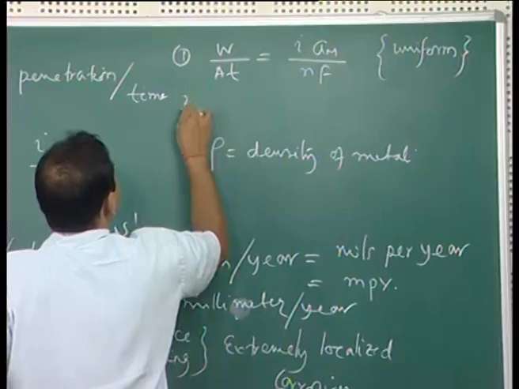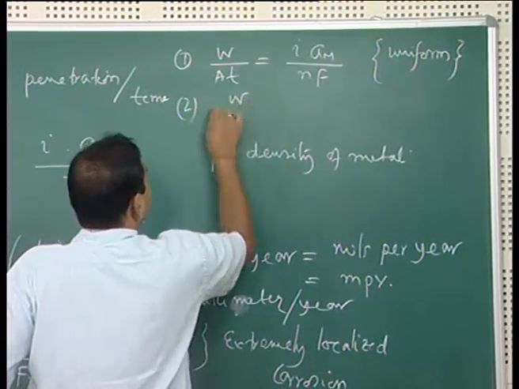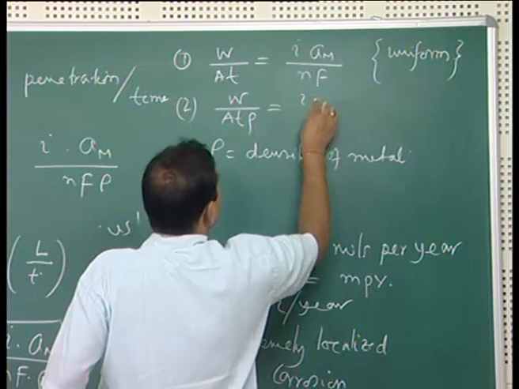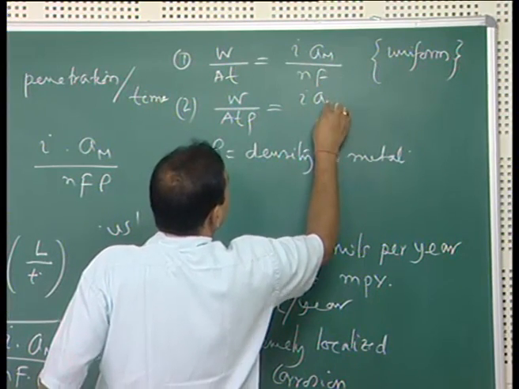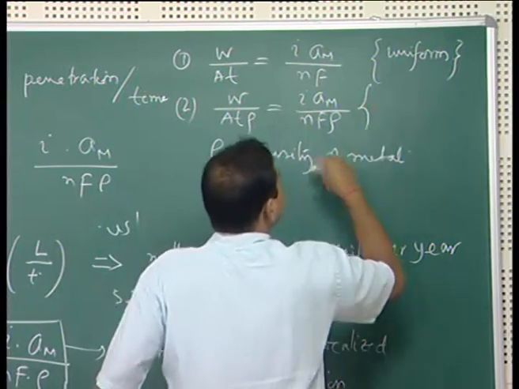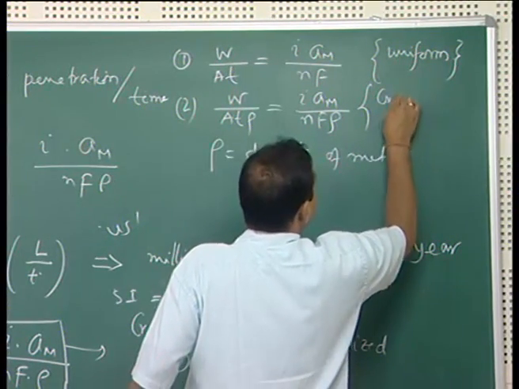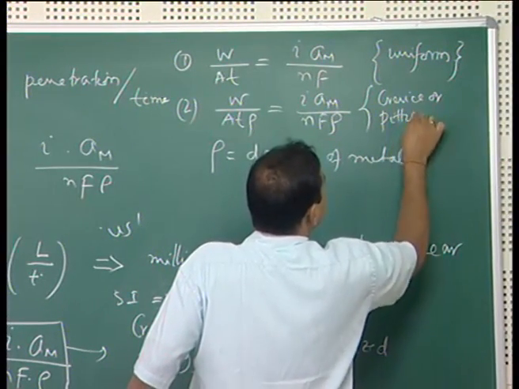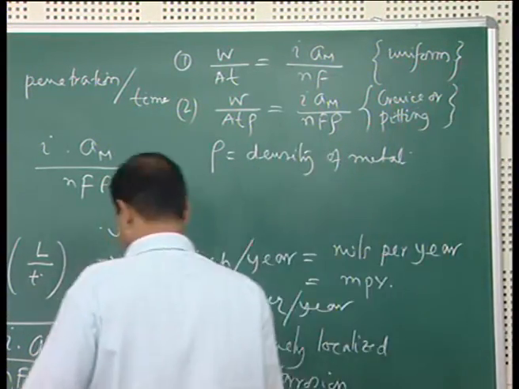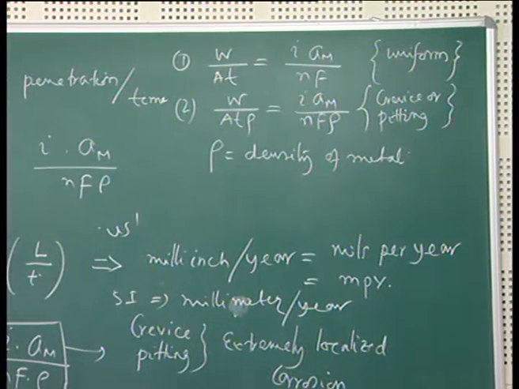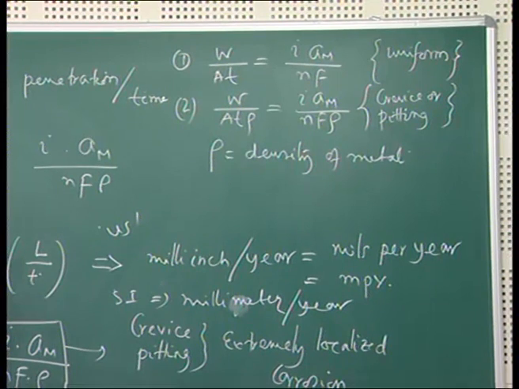Second is W by A T rho equal to I M by NF rho, which is for crevice or pitting corrosion. So, let me remove the other part and let us solve some problems.